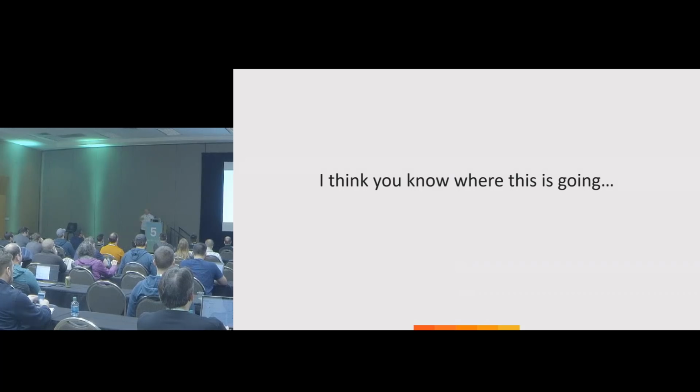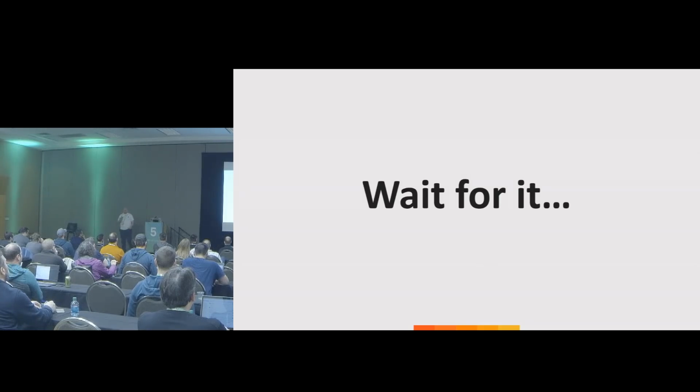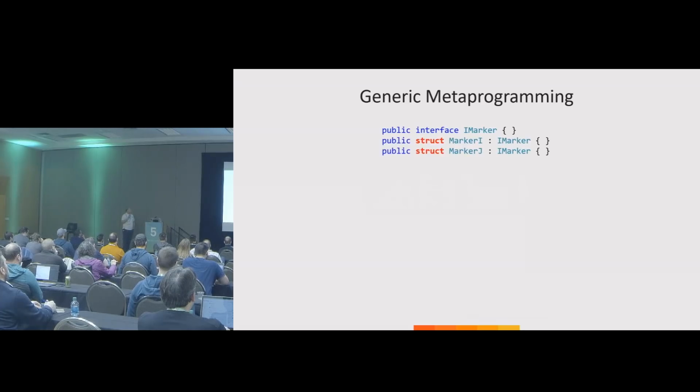I think at this moment that now you're starting to understand and to know where this is going. But wait for it. Let's talk about an entirely different concept that comes from other languages, not C#, which is metaprogramming.